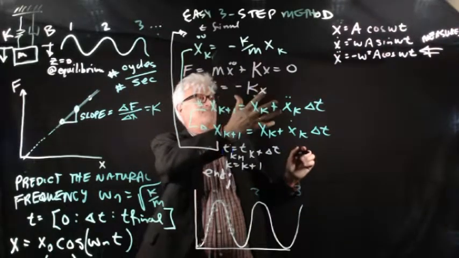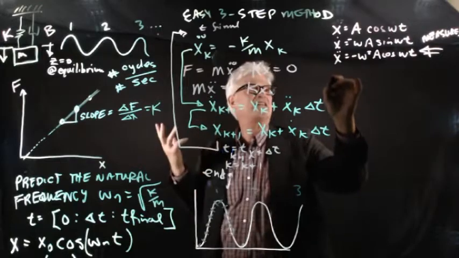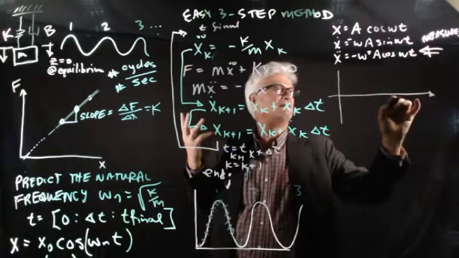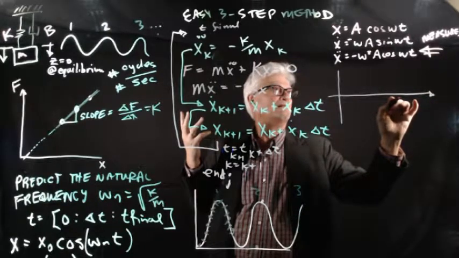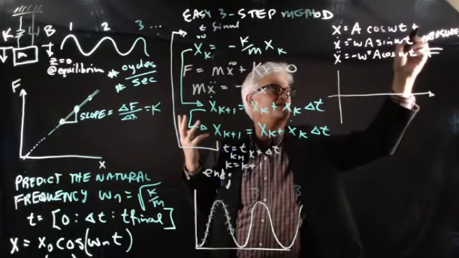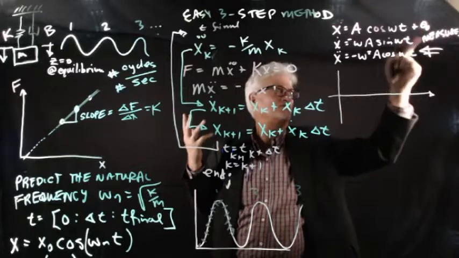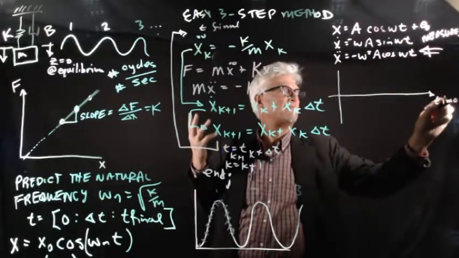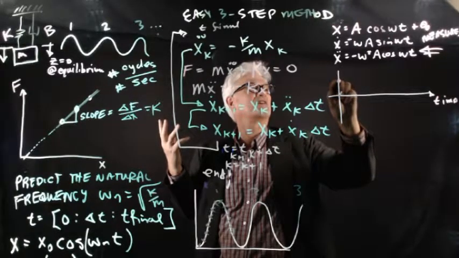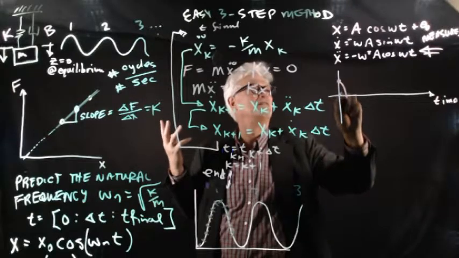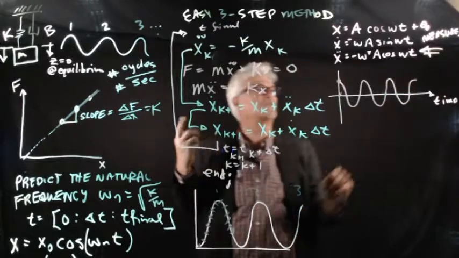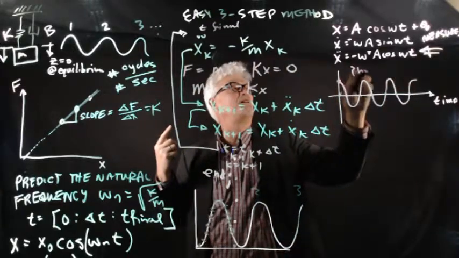If this is what our data set is, there's an offset here, and I think the offset goes plus theta 0. We'll have to figure all that out. This is time. And so what we see is that it's still a cosine term. So this is what we measured from the Physics Toolbox Suite.